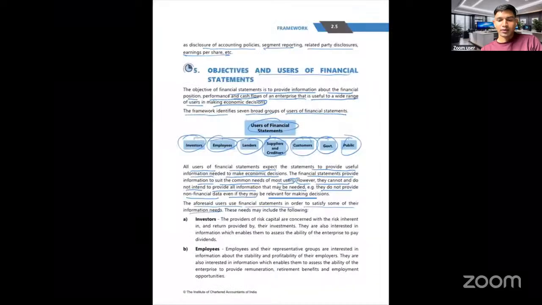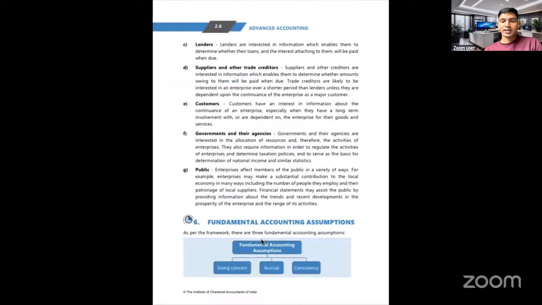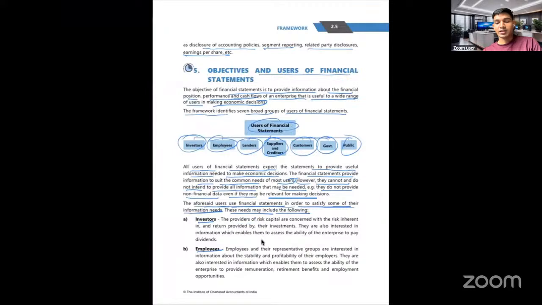These users include investors, employees, lenders, suppliers, customers, government and their agencies, and public. What are those needs? The providers of risk capital are concerned with the risk inherent in and return provided by their investment.